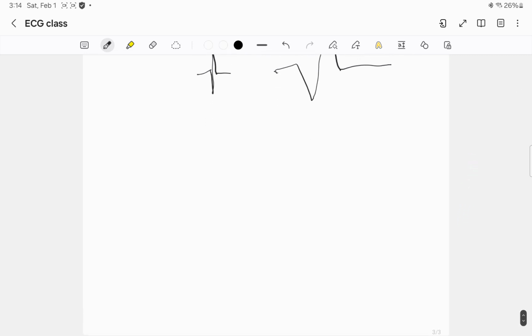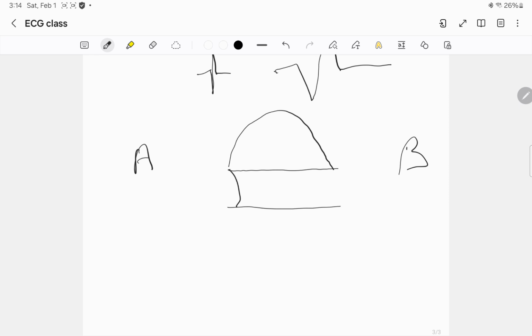So you can think of it like this. You have point A and point B, and you have 2 roads, right? Let's say there's a mountain, and you have a highway and a tunnel that goes through the mountain, right?